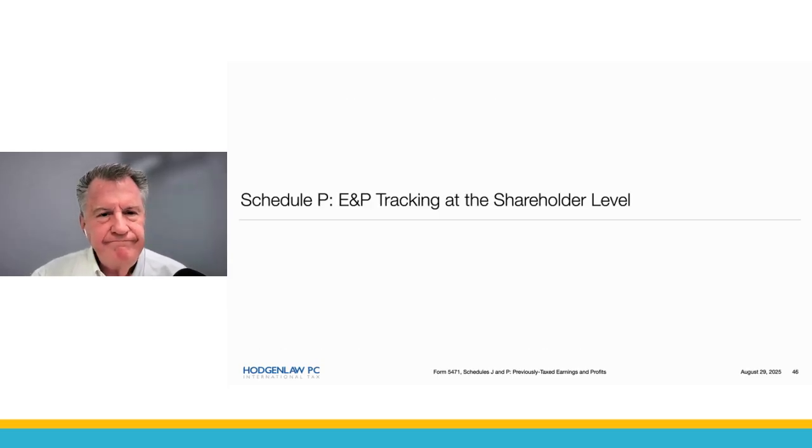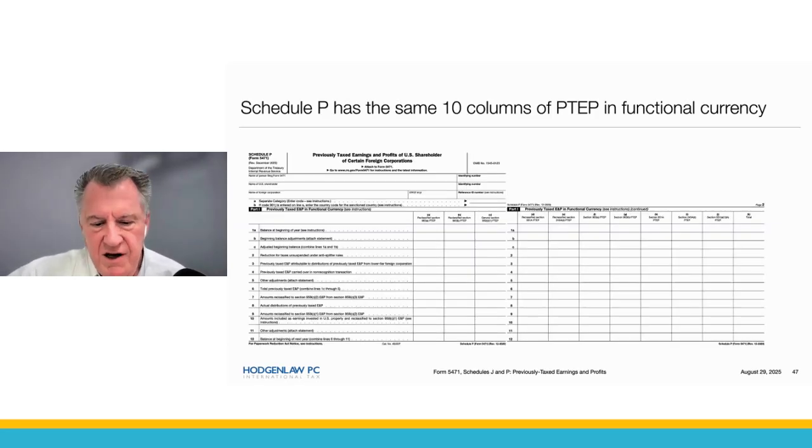Earnings and profits at the shareholder level. You see that this is Schedule P, and this is a kind of way for matchy-matchy for the IRS to track what's happening, make sure that what the CFC reports is what the U.S. shareholder reports. And for our purposes here, for the most part, P and J are going to track. They'll be different, obviously, if you have a shareholder that doesn't have 100% shareholding.